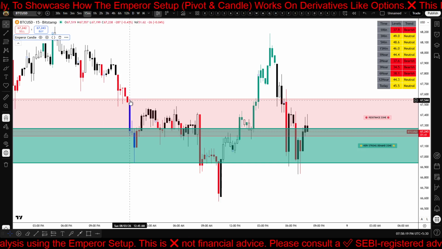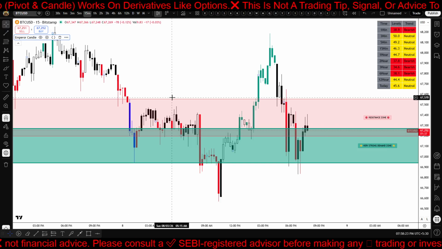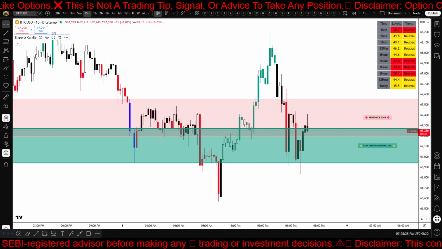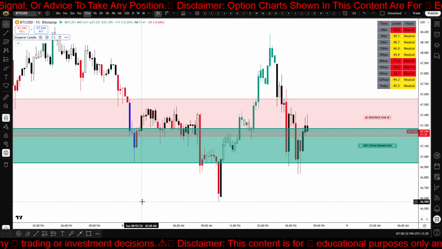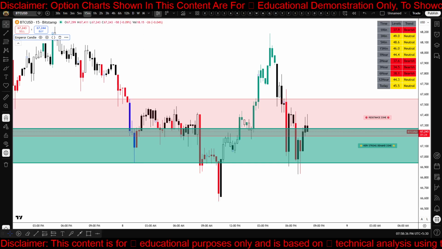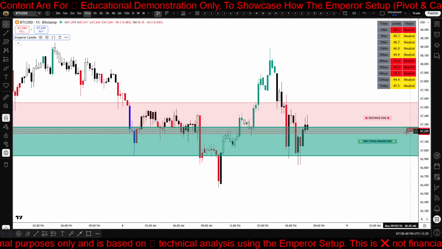This was a strong selling candle. So the market was not able to break that resistance and the last candle forms the zone. But the first candle can act as a strong resistance or support level. I hope you are getting what I am trying to say.